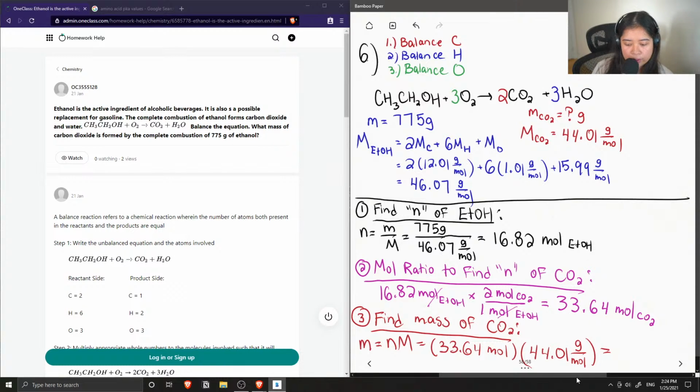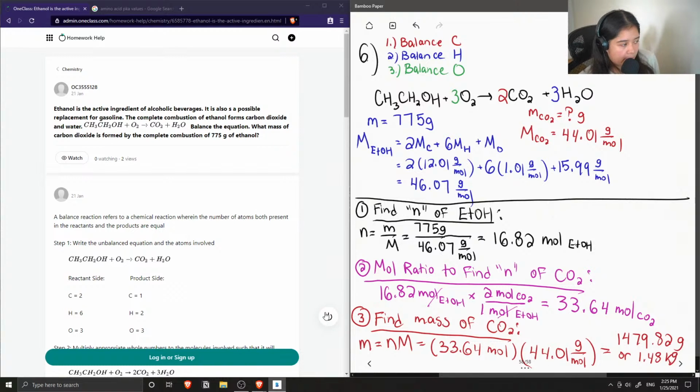So now if we multiply these values, we end up with 1,479.82 grams. Or we can write this in kilograms. Just by dividing by 1,000, you get 1.48 kilograms.